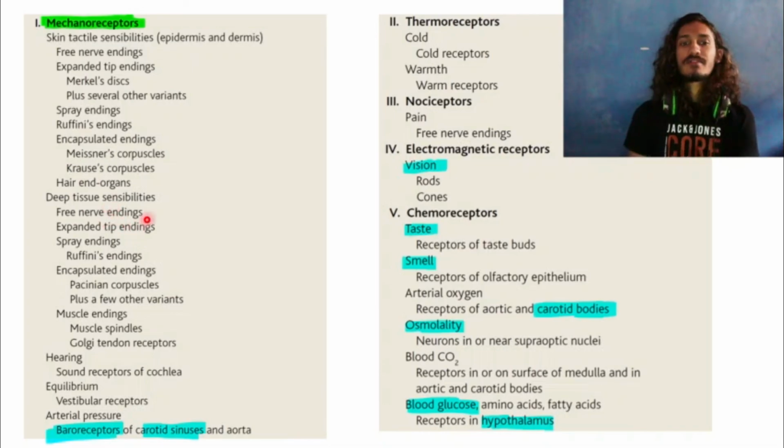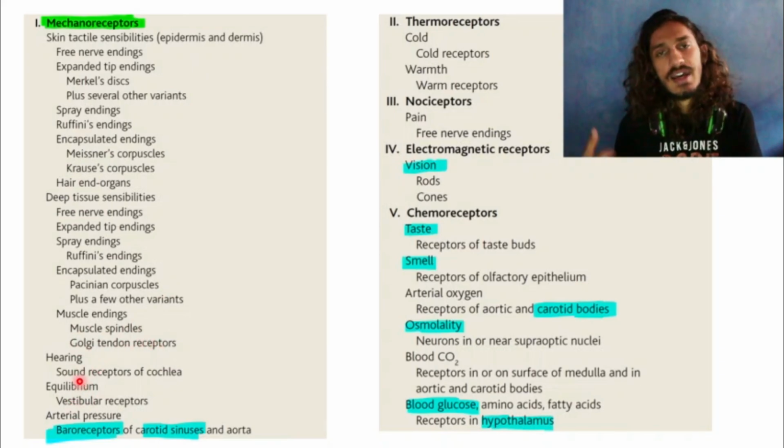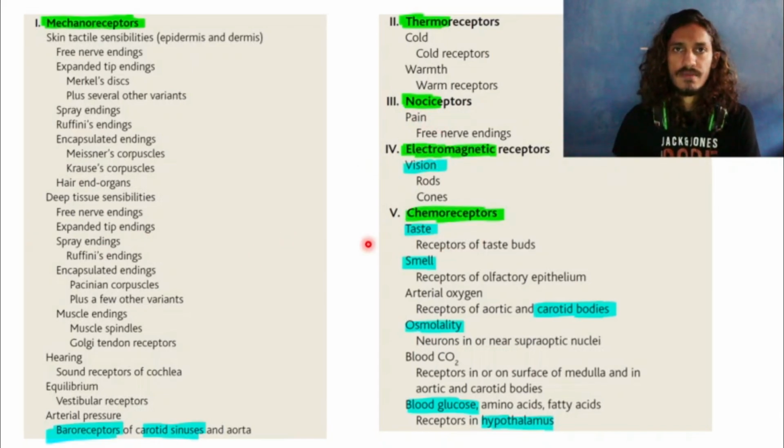And the free nerve endings, Pacinian corpuscle, muscle spindle, Golgi tendon receptor, and then for equilibrium and hearing, your hair cells. So now you can actually describe and differentiate all these things much better. And we have the thermoreceptors, the cold and the warmth. I just discussed it now. Nociception, pain again, electromagnetic receptors, chemoreceptors.